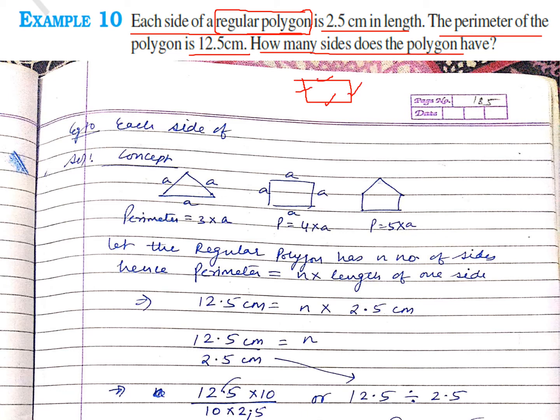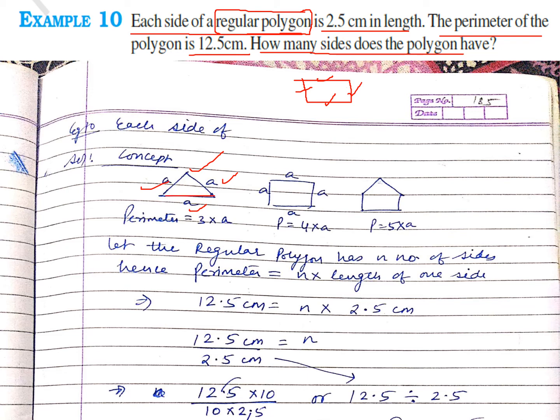So let's start a concept. The first polygon we have is a triangle. This is just a concept for the formula we are going to use. Suppose you have a triangle in which all sides are equal. What do we call such triangles? We call them equilateral triangles. What is the perimeter of an equilateral triangle?